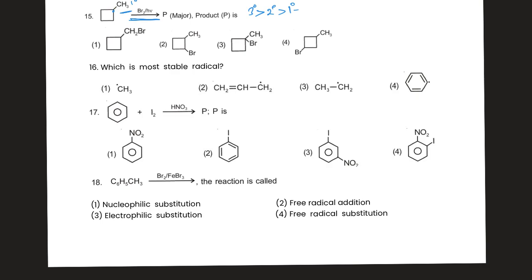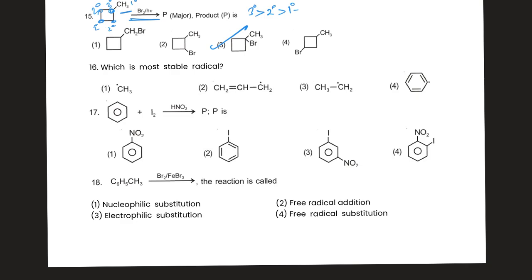Here, bromine substituting at this position is primary. Bromine substituting here is tertiary. And these positions are secondary. Therefore the major product is the tertiary substituted product. That is the third option.